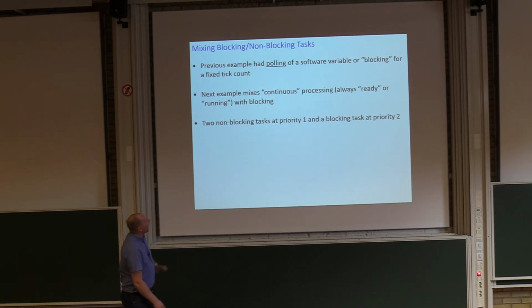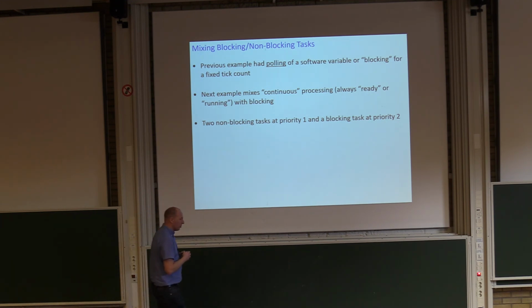So we saw here that calling this task delay is much more resource friendly than using polling, for example, than just increasing some variable.